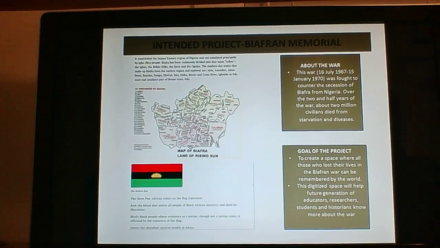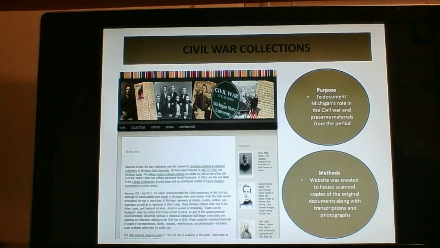The first project is the Civil War Collections. It's built by Michigan State University, and the purpose of this DH project is to document Michigan's role in the Civil War and preserve materials from the period.